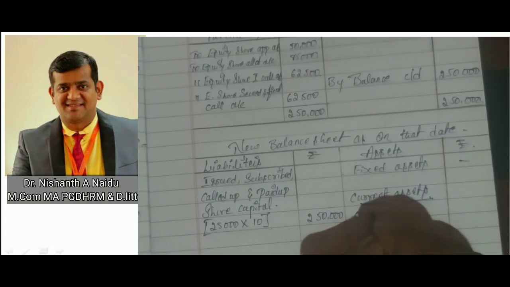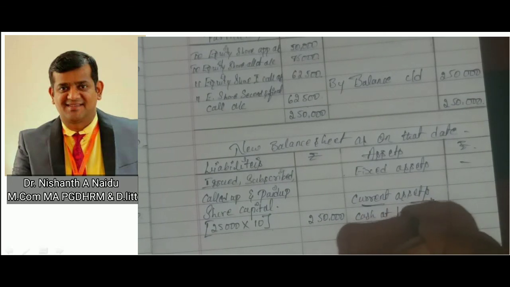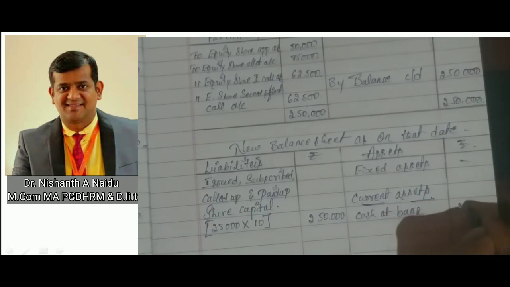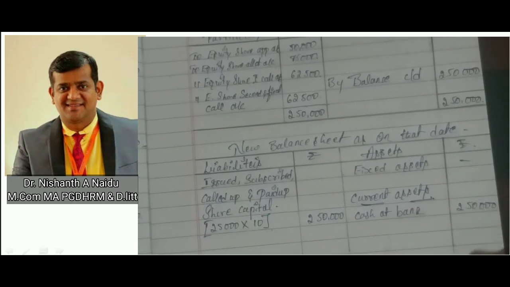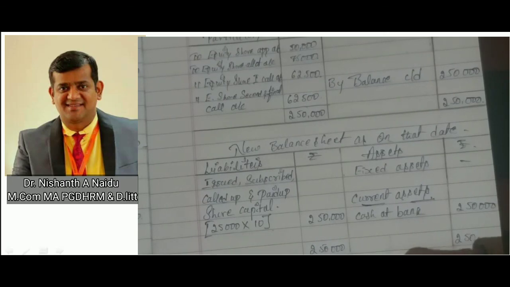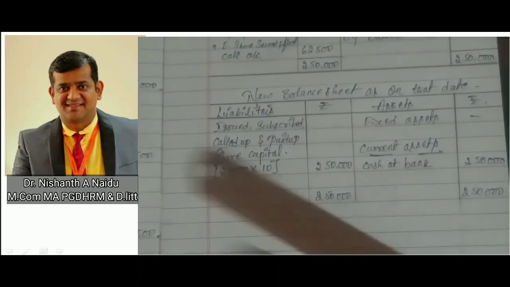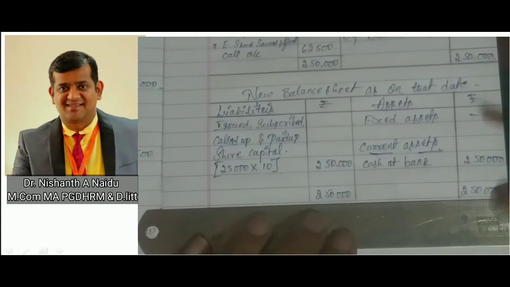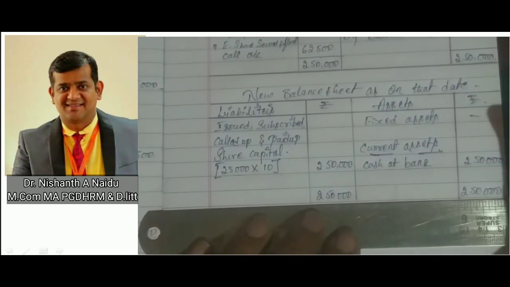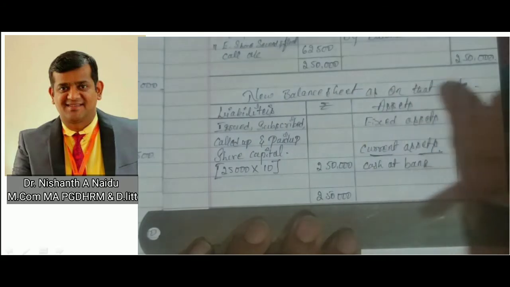So write cash at bank 2,50,000. So both the side totals are 2,50,000 and 2,50,000. So your answer is going to tally. If it is tallied, your journal entry is perfectly correct.